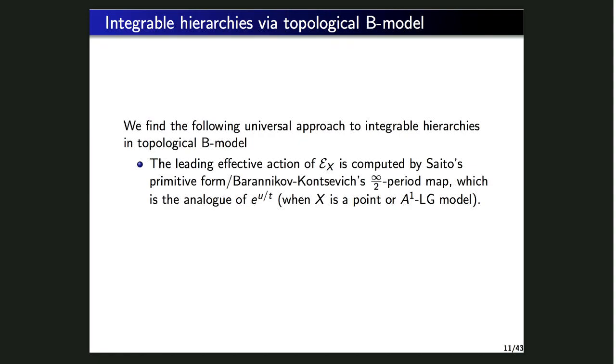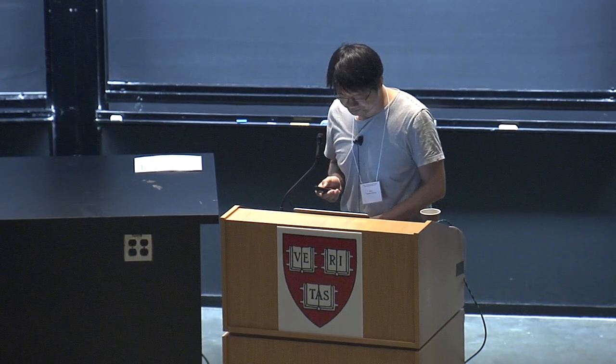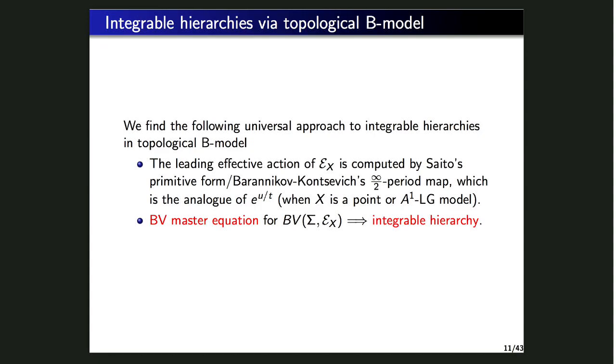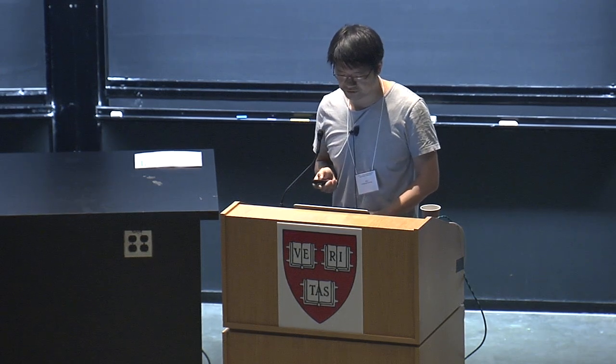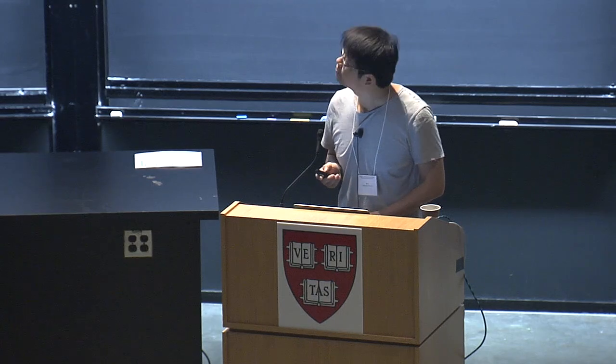And actually, if the internal geometry is just a point or A1 singularity, this exactly produces this exponential function I explained in the beginning. And then, because the push-forward is in the category of so-called BV quantization, there's a so-called BV master equation. And this master equation exactly produces the equation for the integrable hierarchy. So this is something you get for free. This is the main motivation for this introduction for this talk.